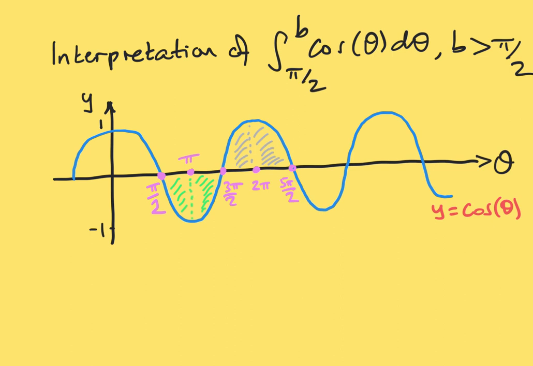So at 5 pi over 2, this integral would vanish. So from pi over 2 to 5 pi over 2, the integral is 0. However, immediately after that, our integrand becomes negative again, and we receive more negative contributions.